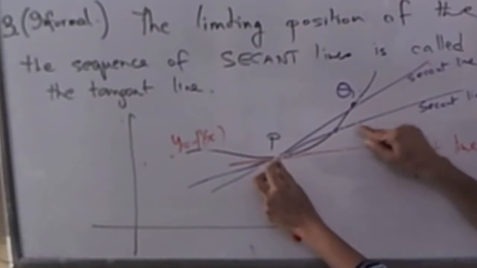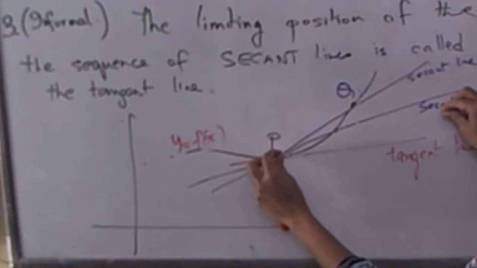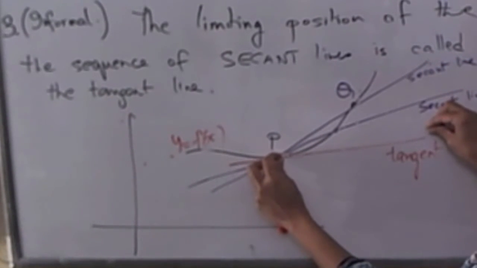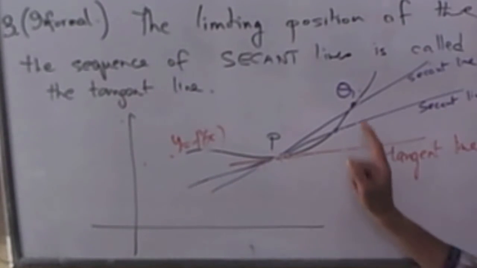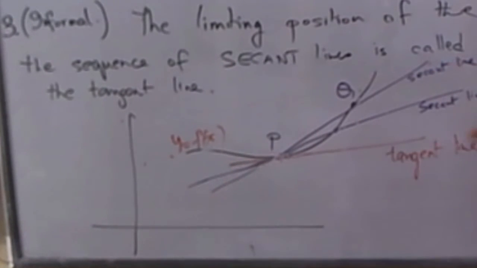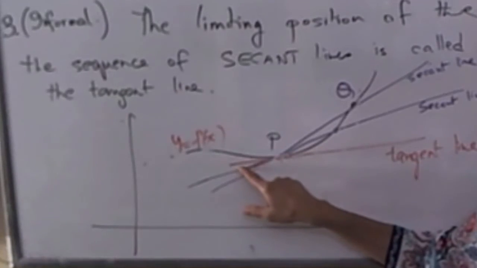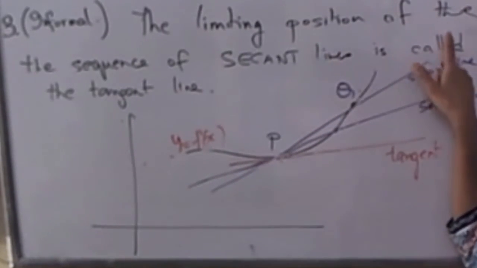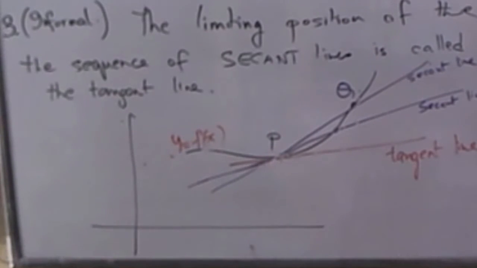So in your head, visualize as Q slides towards P, what happens to the sequence of those secant lines. You will realize that the secant lines slowly approach this red line, which is called the tangent line. So in other words, here's an informal way to think about the tangent line. It is in fact the limiting position of the sequence of these secant lines that I just described.